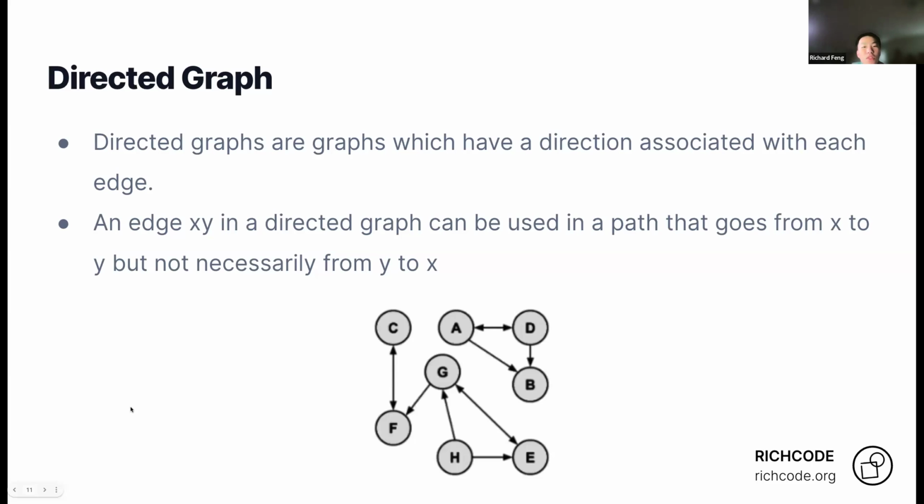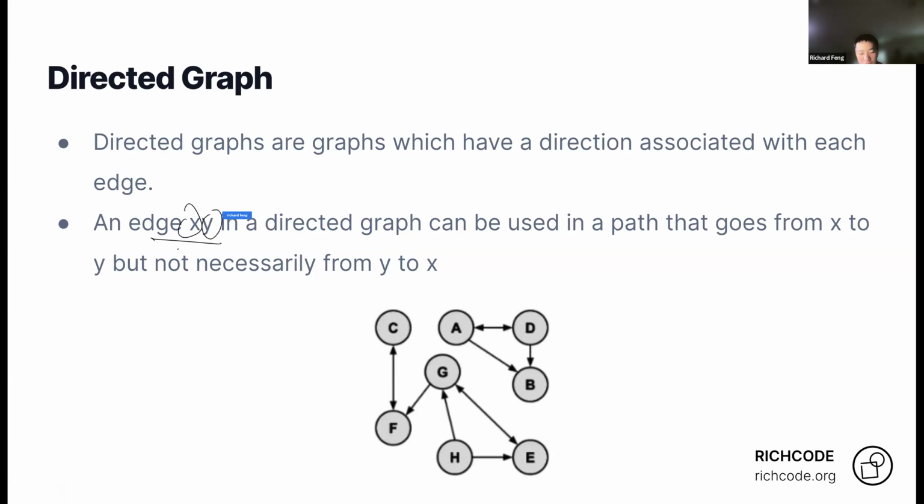And now, contrary to an undirected graph, there are also directed graphs, which are graphs that have a direction associated with each edge. So an edge x, y in a directed graph can be used in a path that goes from x to y, but not necessarily from y to x. When we write the edge, we list the origin first and then the destination.